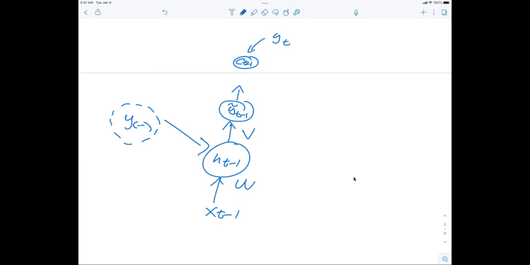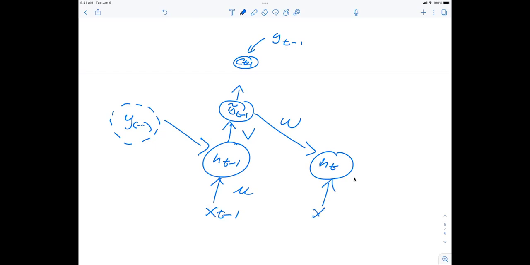This feeds in to the cost function c of t minus 1, and that receives an input y of t minus 1. This now is fed into the next hidden layer, and then we have the weights. So this looks like a W, but it's actually a U. And then I have a W here, which now feeds into the next hidden layer, h of t.